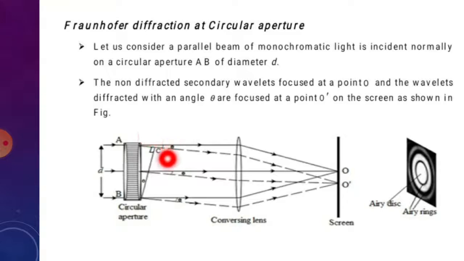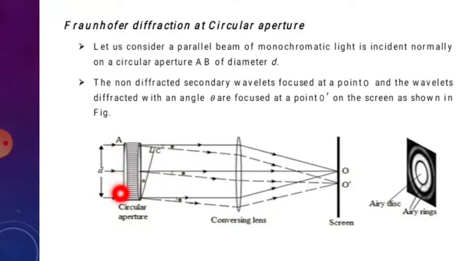To find the path difference AC, we can apply the sine function to this triangle ABC. Here sine theta is equal to AC by AB. Now we find AC. For this, AC is equal to AB sine theta.